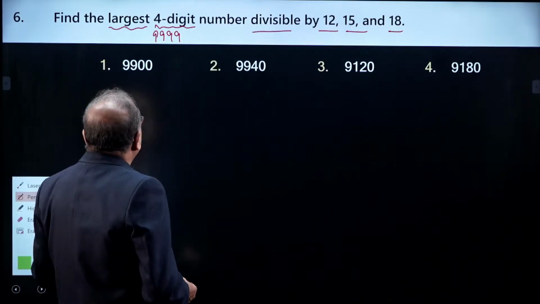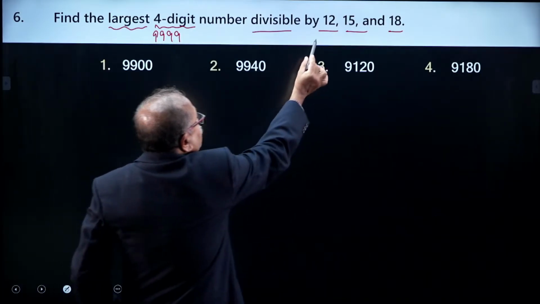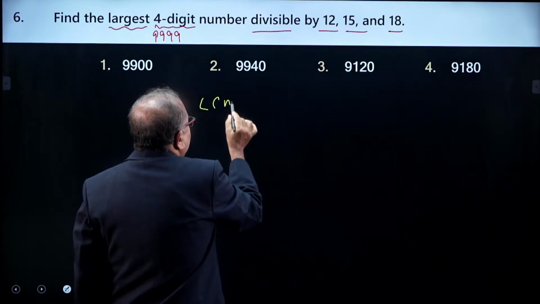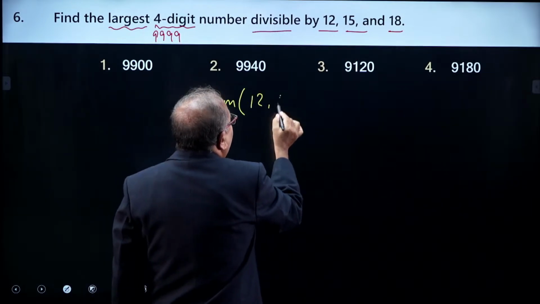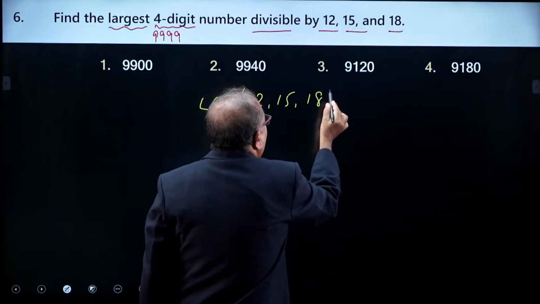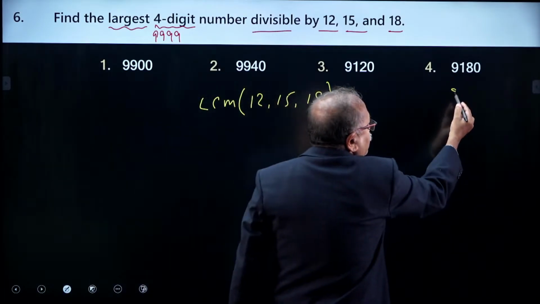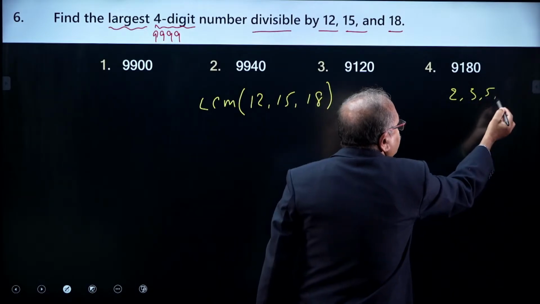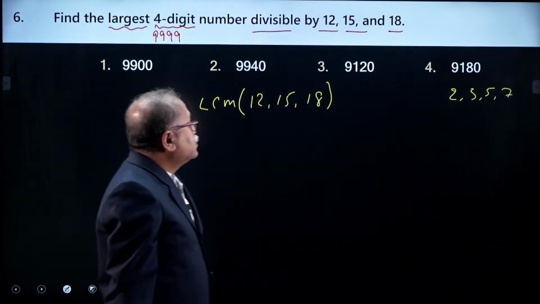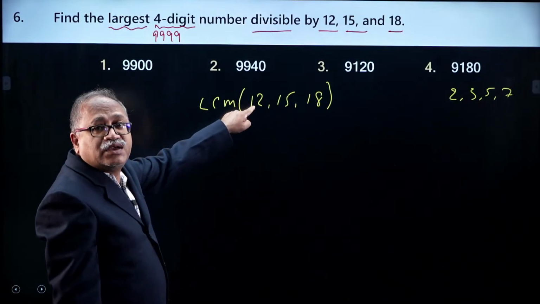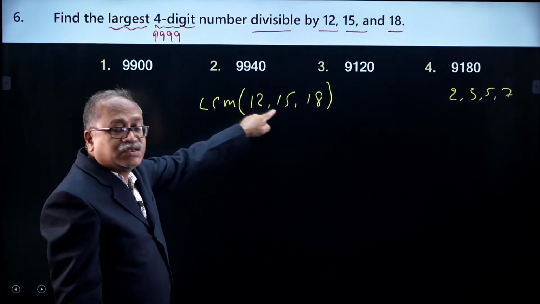The very first thing, in this question I need to take the LCM of 12, 15 and 18. What is the highest power of 2? Because these are the prime numbers, no? That is 2, 3, 5, 7 and so on. So what is the highest power of 2 over here? 2 is there, 4 is there. After that, is 16 there anywhere?